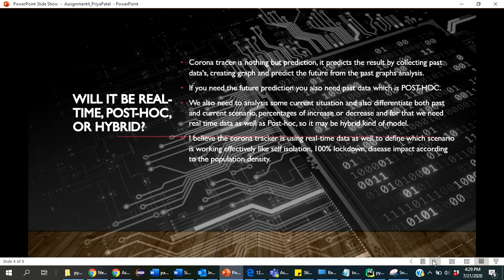We also need to analyze the current situation and differentiate between past and current scenarios, the percentage of increase or decrease. For that we need real-time data as well as post-hoc data, so it may be a hybrid kind of model. I believe the corona tracker also uses real-time data to define which scenario is working effectively, like self-isolation or 100% lockdown, or disease impact according to population density.